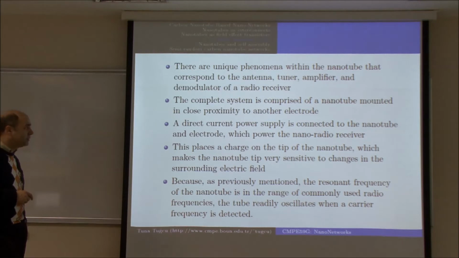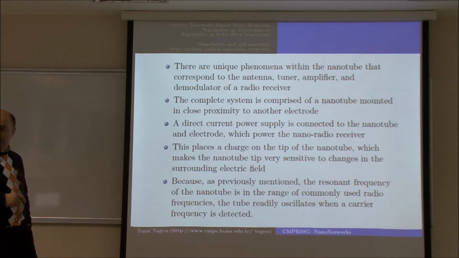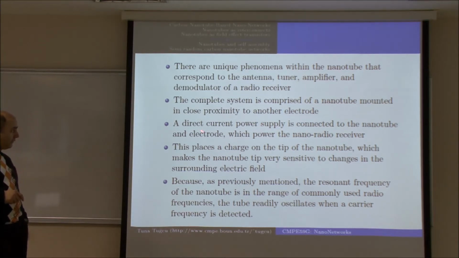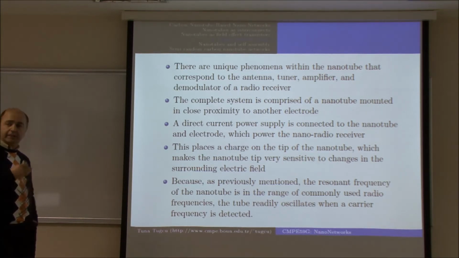The complete system is comprised of a carbon nanotube, which is mounted in close proximity to another electrode, and we're providing direct current to this carbon nanotube and the electrode. So this way we are powering the nanoradio receiver. So when you power it like this, there will be a charge placed at the tip of the carbon nanotube, which makes the nanotube very sensitive to changes in the surrounding electric field.